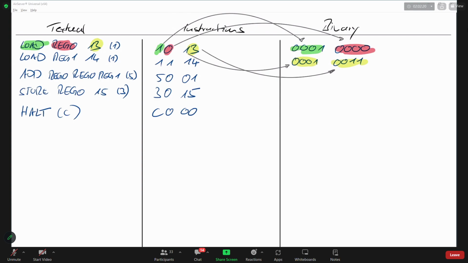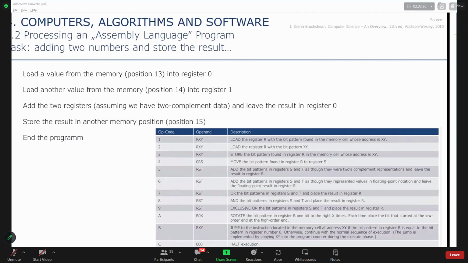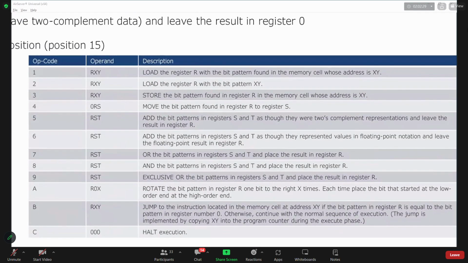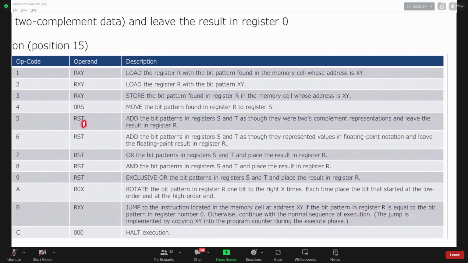Can you repeat, please, how we determined add register 001? So let's look at the add command again. Add the bit patterns in register S, the second position, and T, the third position, as two's complement, and leave the result in register R. So first I'm mentioning where to leave the result, and then what to add.